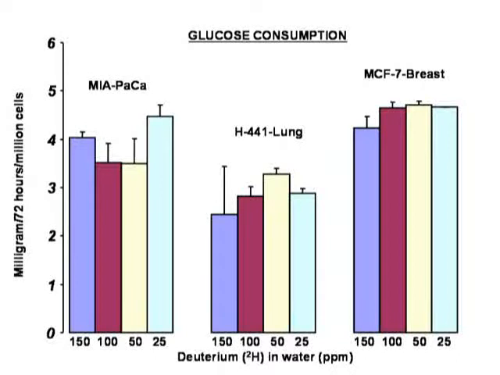And I'm going to show you just what we found as far as glucose consumption. This is in milligrams per 72 hours and per million cells. As we look at the differences in the pancreatic cancer as well as the lung cancer cell lines or the breast cancer cell lines, we did not see any significant change as far as glucose uptake.